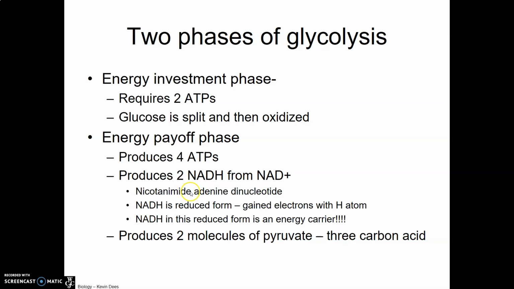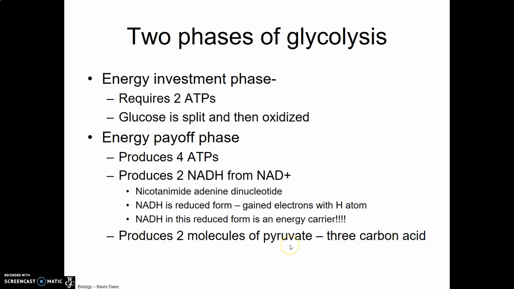Now remember, this nicotinamide adenine dinucleotide in its reduced form has gained these electrons, right? And so these are our energy or electron carrier molecules. Now the final product of our energy payoff phase, since we've split our glucose in half, is going to be 2 molecules of a 3-carbon acid called pyruvate.